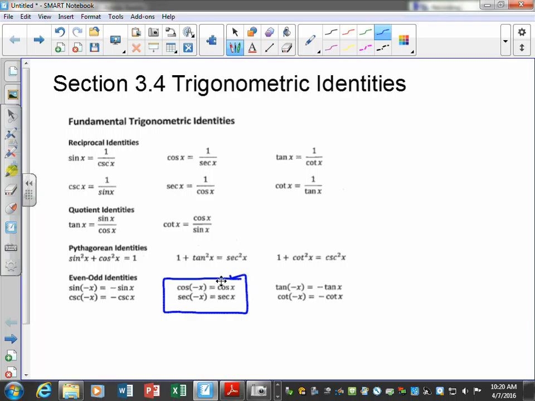So these are our even functions right here. Then secant, which is its reciprocal identity up here, likewise. So really zone in on that one and pay attention when we work these. But this is just basic recall information of your fundamental trig identities, and you should have a handout with those on it.